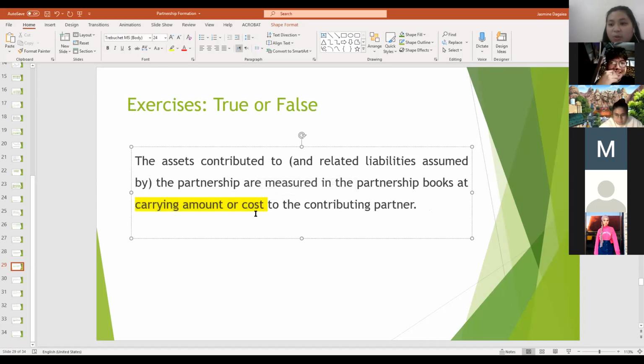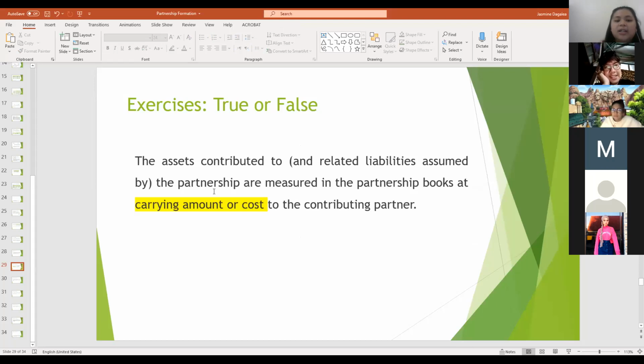Fair value. So, yung trick dito, sinabi niya carrying amount or cost. Dapat tandaan nyo yan pag nagsasagot kayo ng quiz. Dapat basahin yung maigi. Hindi lang basta sagot-sagot. True agad, kasi mukhang tama, di ba? Pag binasa niyo siya, parang true. Pero false.